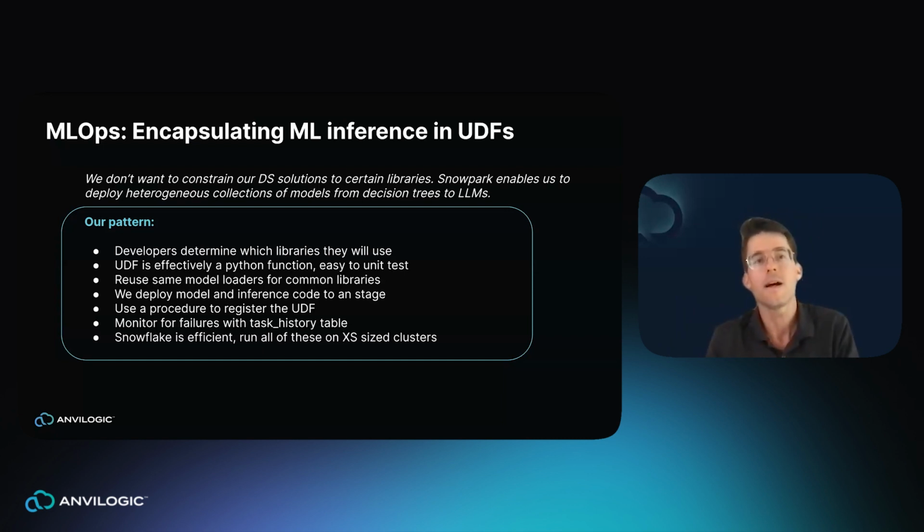So what we found is that, particularly in Snowflake, a UDF is effectively a Python function, which makes it easy to unit test. And because we use common libraries, we can reuse the same model loaders. In Snowflake, our models are on what is called a stage, just a simple file system that is accessible by Snowflake, Snowpark, and Snowflake SQL.